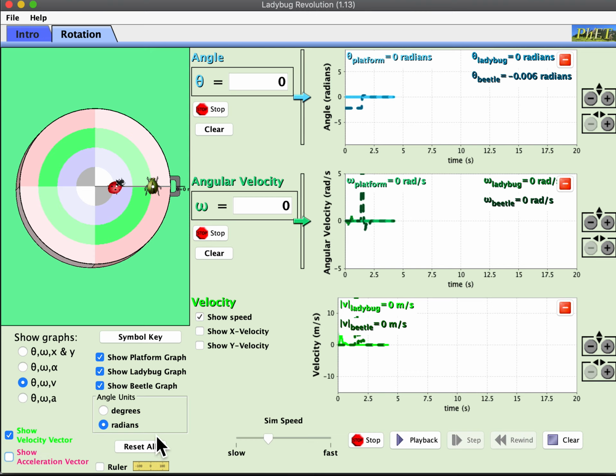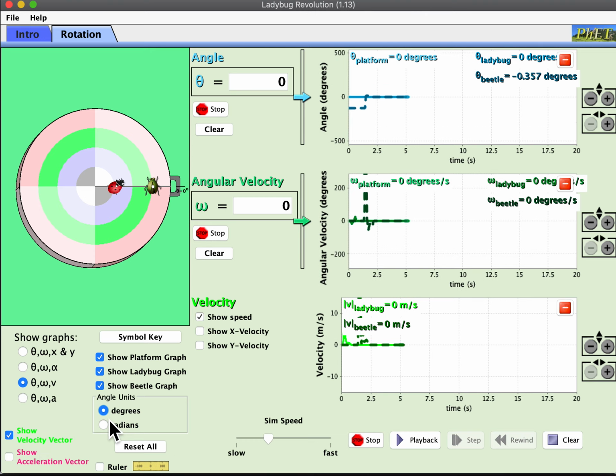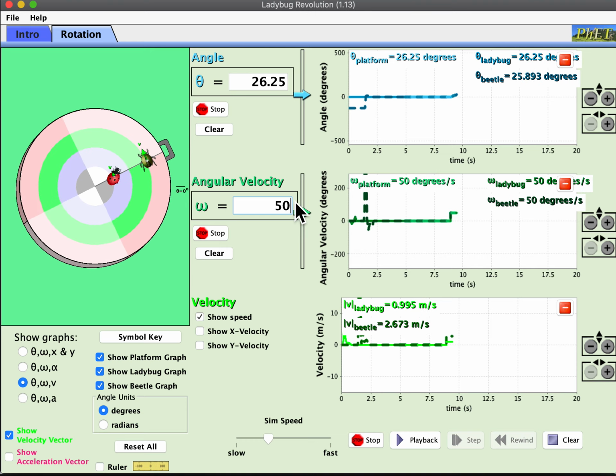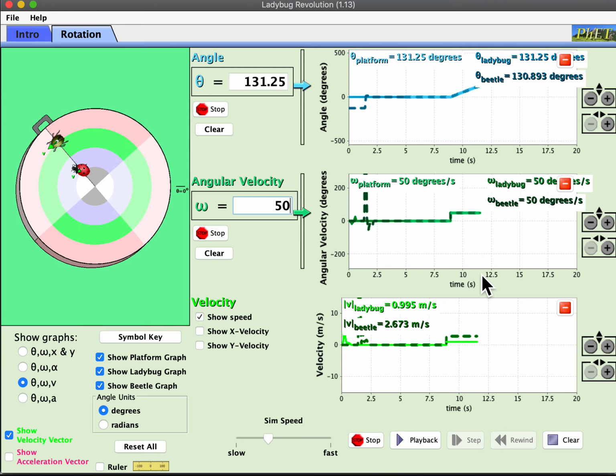I'll put it in degrees just so we're consistent to what we had before. And let's see, I'll give it an angular velocity of 50 degrees per second. And you can see once again, the beetle has a larger vector here. You can see both the beetle and the ladybug have exactly the same angular velocity. It's 50 for both of them.